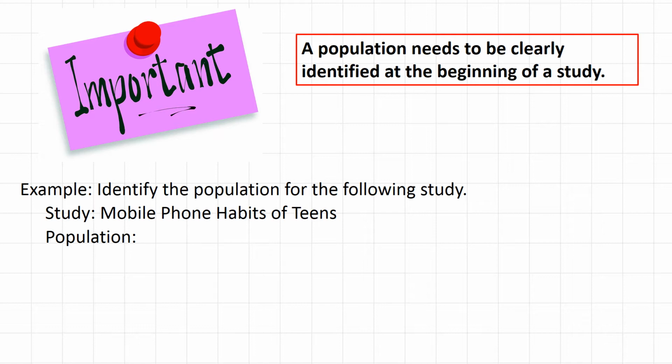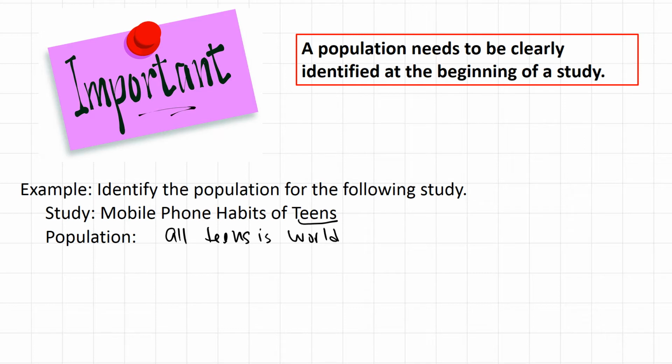That's called the population. If the population, since we're talking about teens, is all the teens in the world, that's a very large population. It would be very hard to conduct that study.